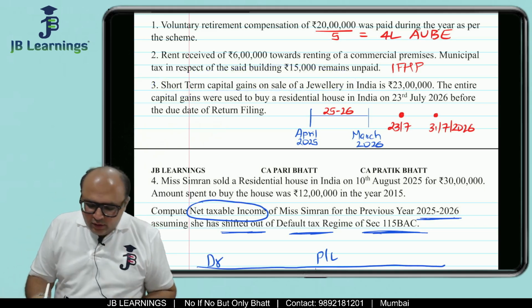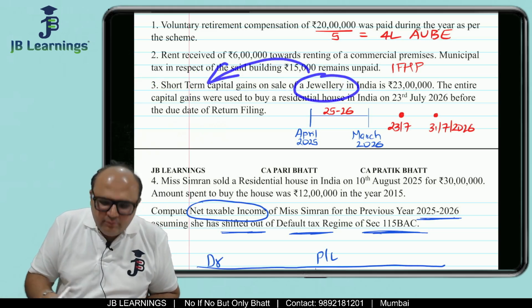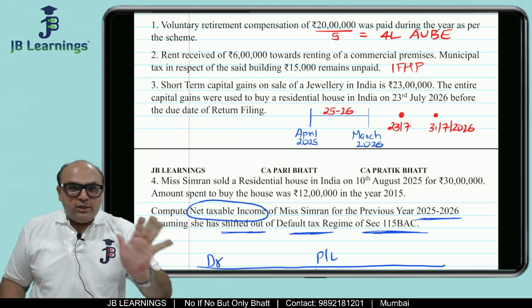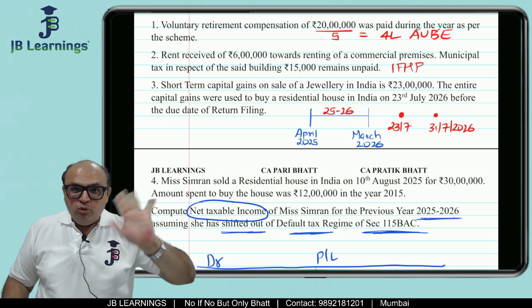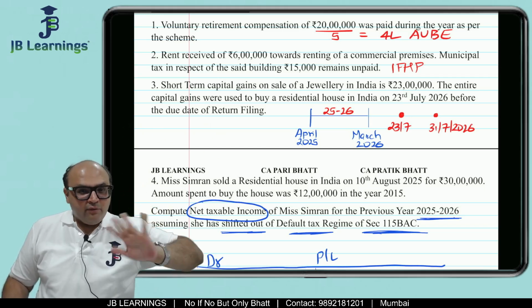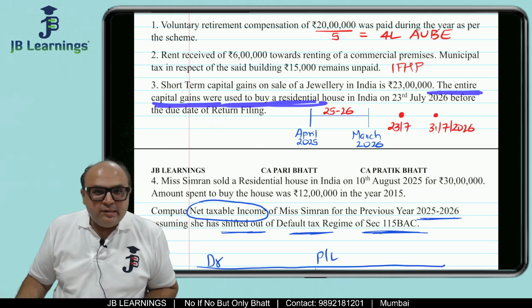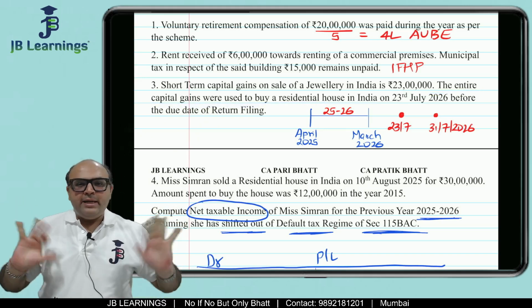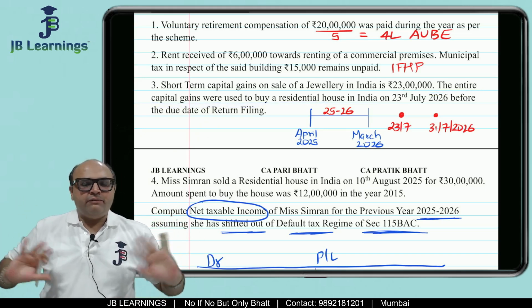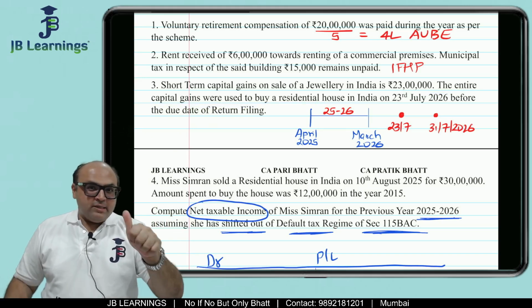But friends, over here, they have said jewelry was a short-term capital gain. So again, short-term capital gain, you don't get exemption under section 54F. So this entire amount which was used to buy a residential house will not help us to give exemption under section 54F.